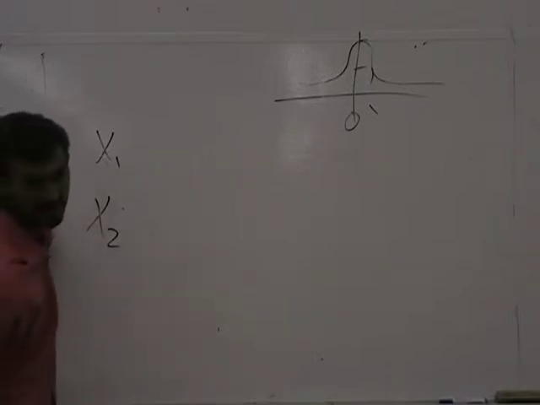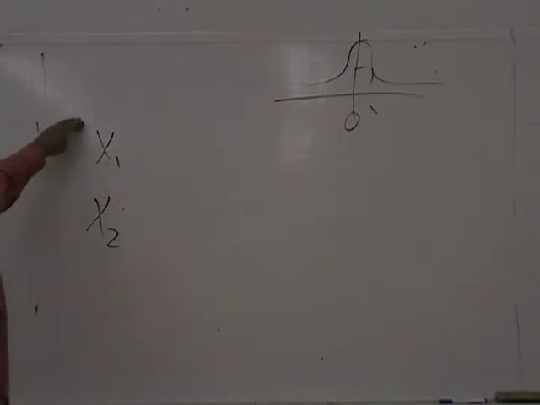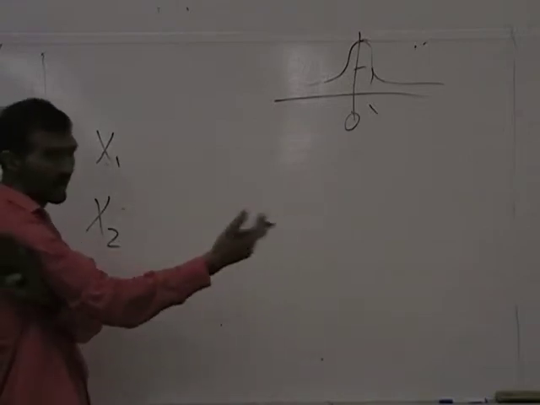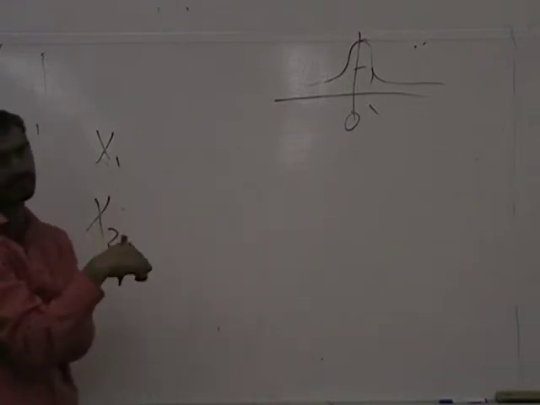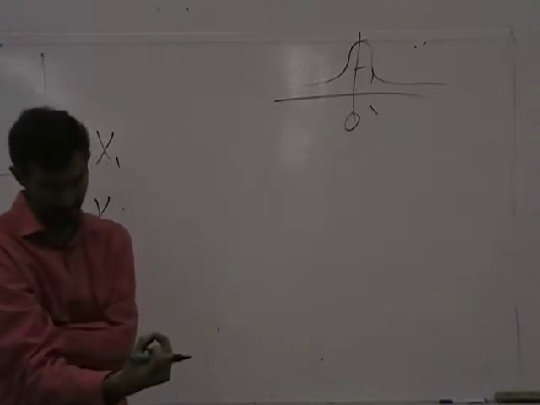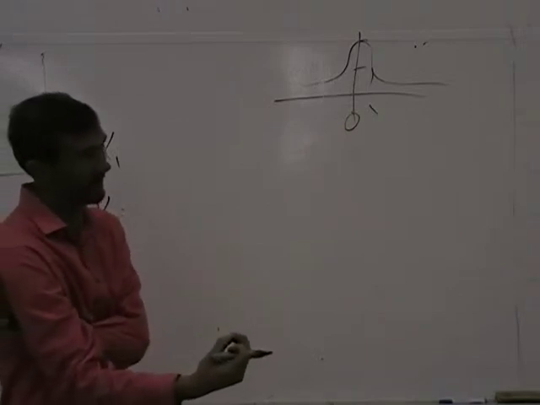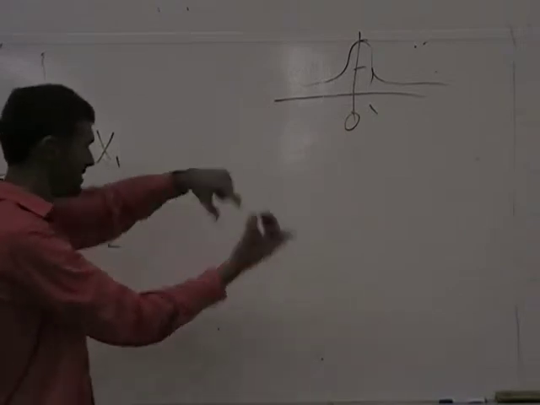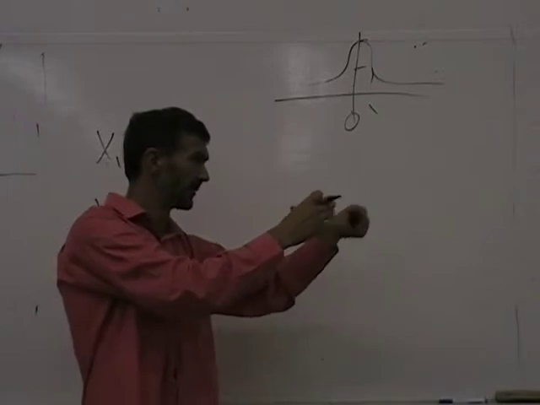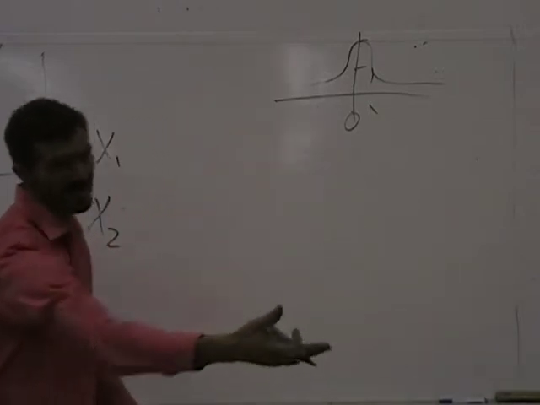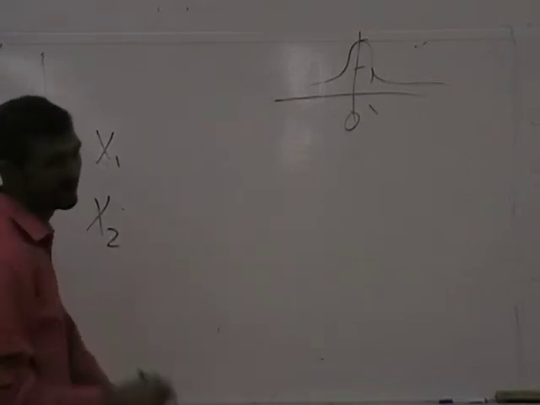x1 and x2 are random variables which express some outcome, and a random variable is a function. It maps you between outcomes to an expression of a probability distribution.